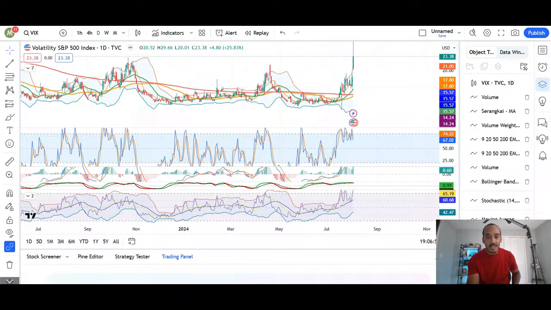So the stochastic and the volatility index being high and outside of the Bollinger Band is telling me that we've got one direction to go. This is how you can tell which way you expect the market to go. The fear and greed index, we're fearful. The volatility index is up, due to come back down, which means the stock market is expected to go up. VTI, the total stock market index, looks like it's going up as well.